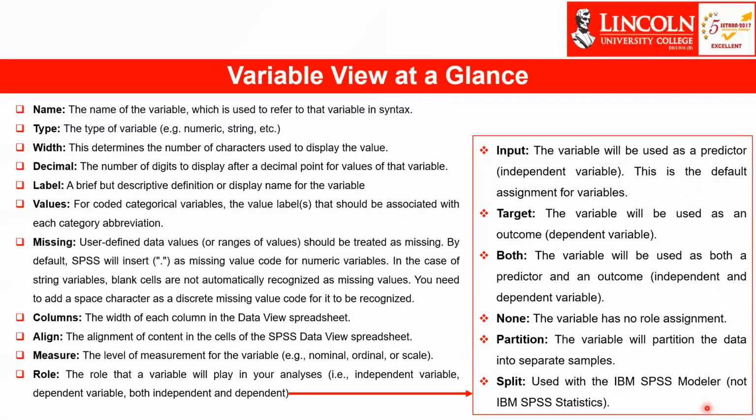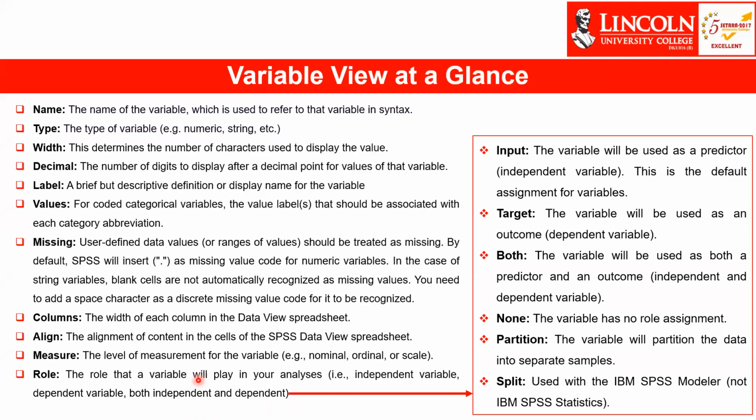Now, variable view at a glance again. I've just explained all this, but the only part I will look into now is the role. The role that a variable will play in your analysis, such as independent variable, dependent variable, or both dependent and independent.